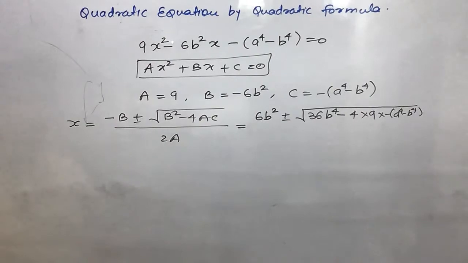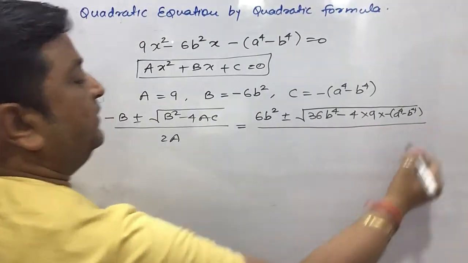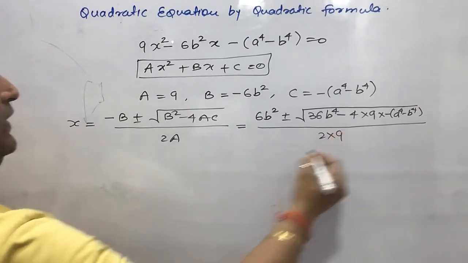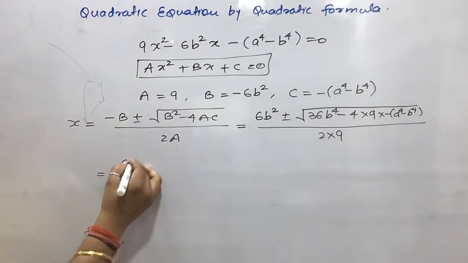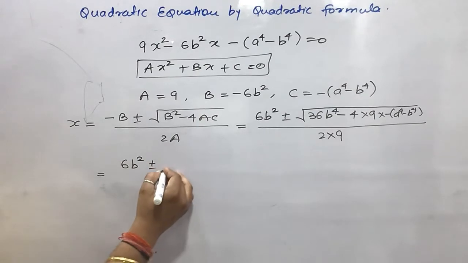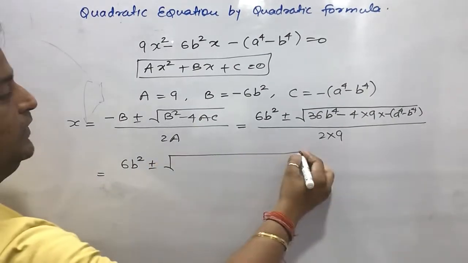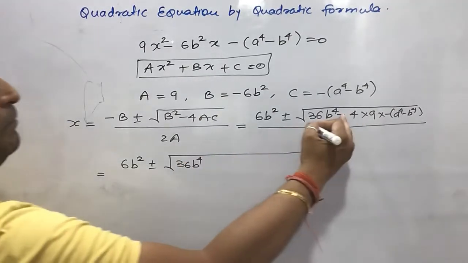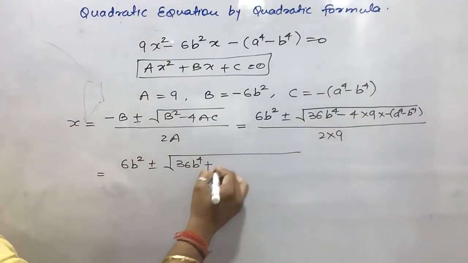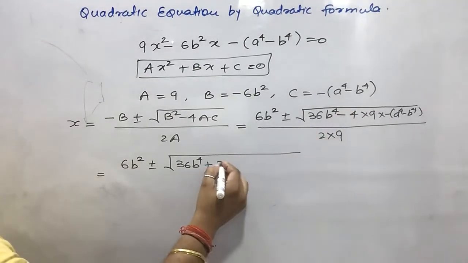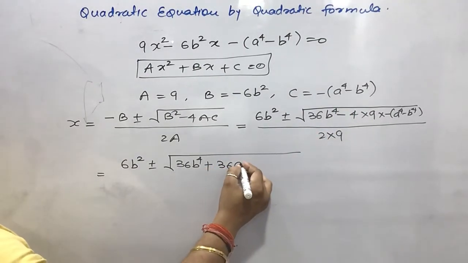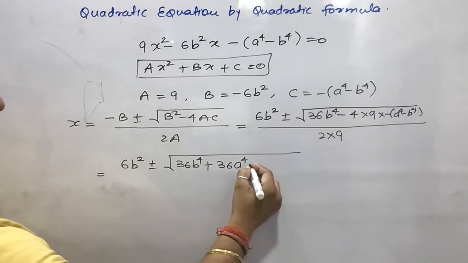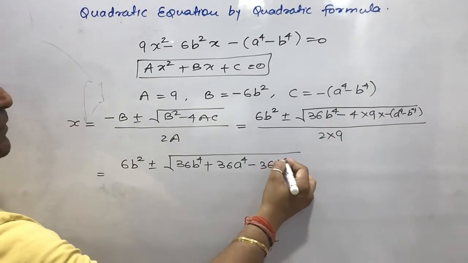In the denominator it is 2a, which is 2 into 9. Now it is 6b square plus minus under root 36b to the power 4 plus 36a to the power 4, and minus minus is already plus, so it will be 36b to the power 4.